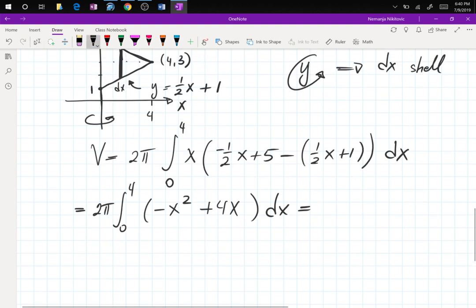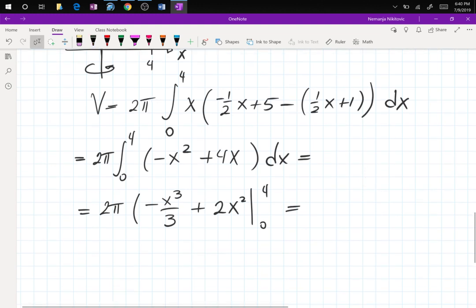So now we integrate this, 2 pi, and now when I integrate, I have negative x cubed over 3 plus 2x squared from 0 to 4. Two pi times negative 64 over 3 plus 32 minus big fat 0, no one cares.